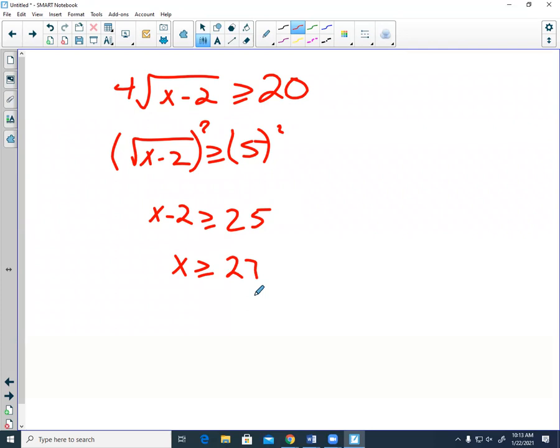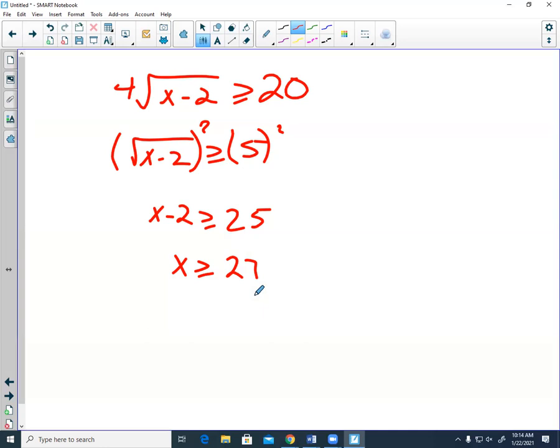Now, that being said, I have to check my radical, right? So I have to check my radical to make sure that my answer is going to be positive. But you have to think a little bit too here. Right now, I'm telling you that your number has to be bigger than or equal to 27, right? Which means 27, 28, 29, 30.